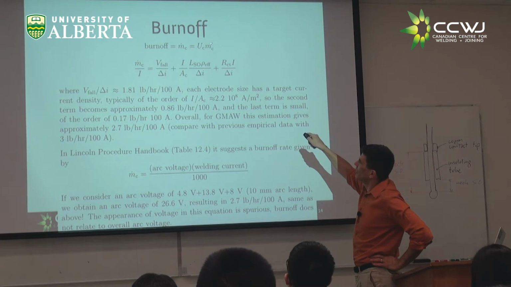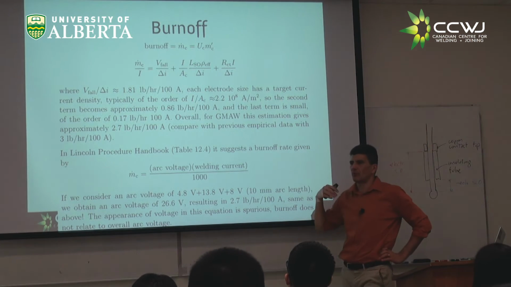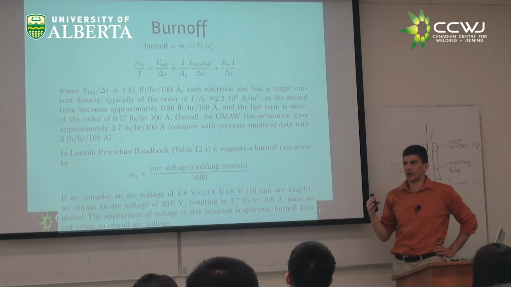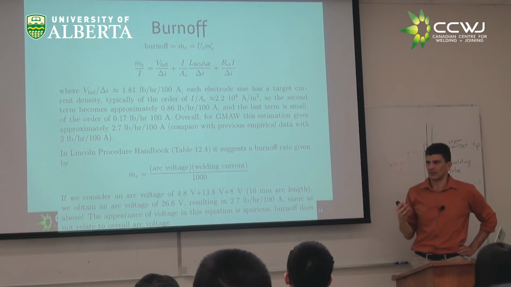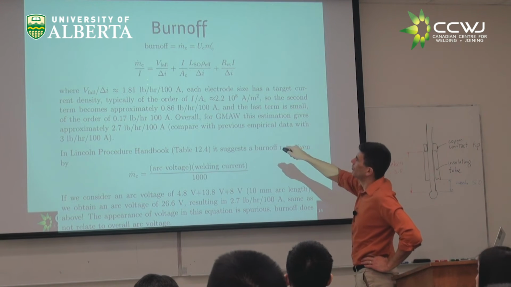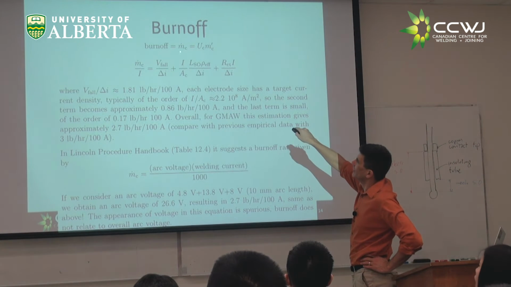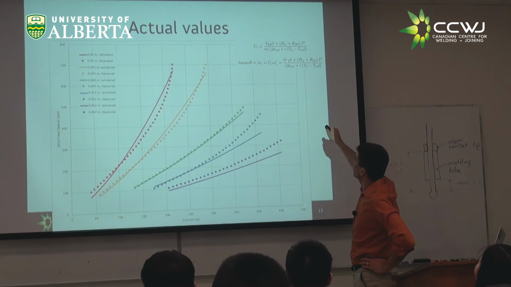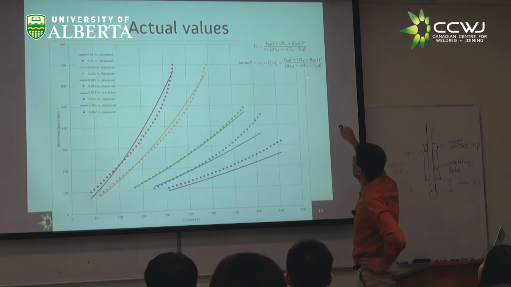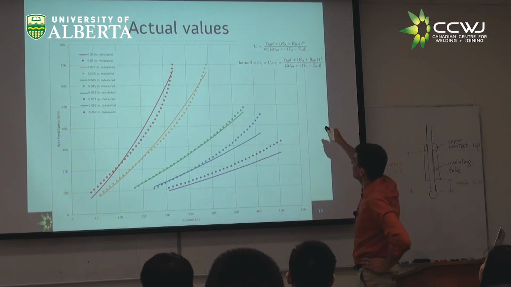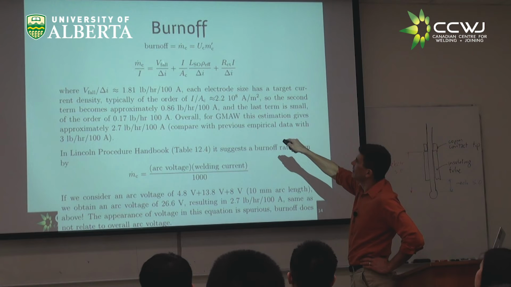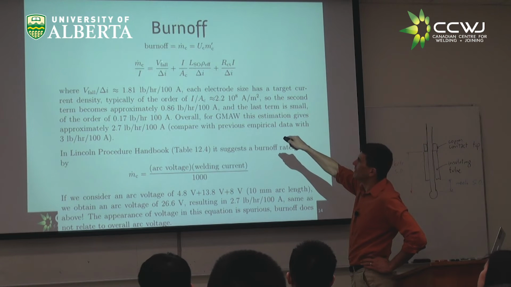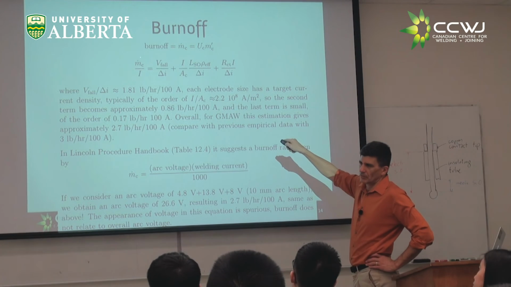Now, if we look at pounds an hour per amp, per 100 amps, remember I mentioned this concept, if we go to this formula and we divide by current here, divide by current there, we get fall voltage divided by the enthalpy variation, right?